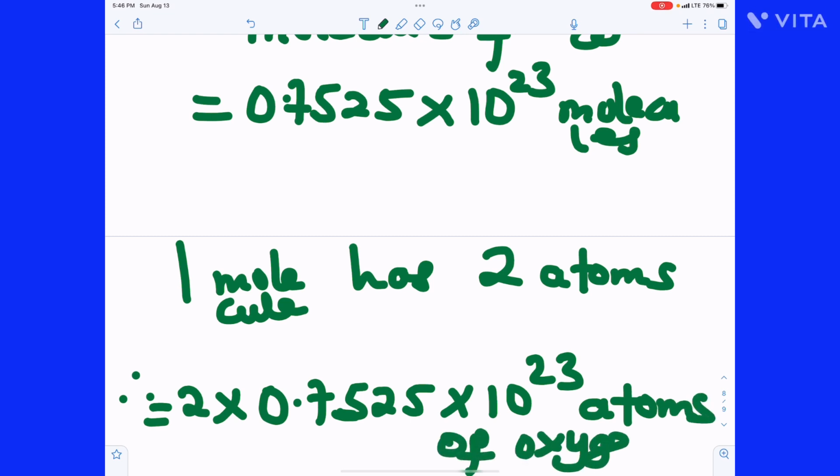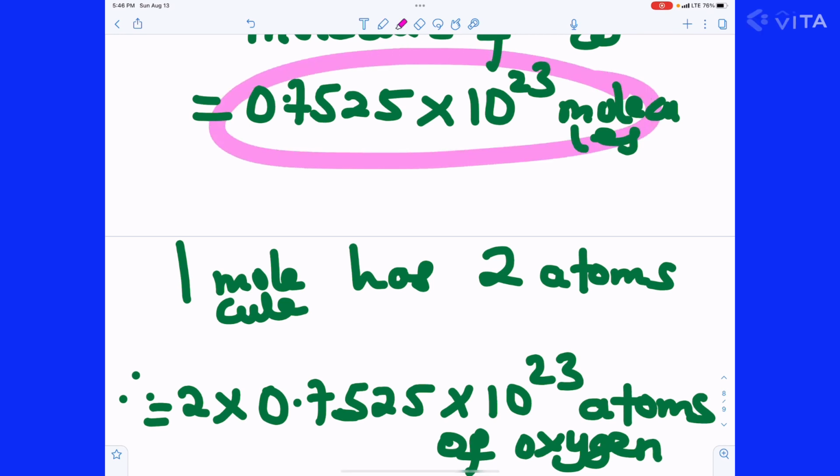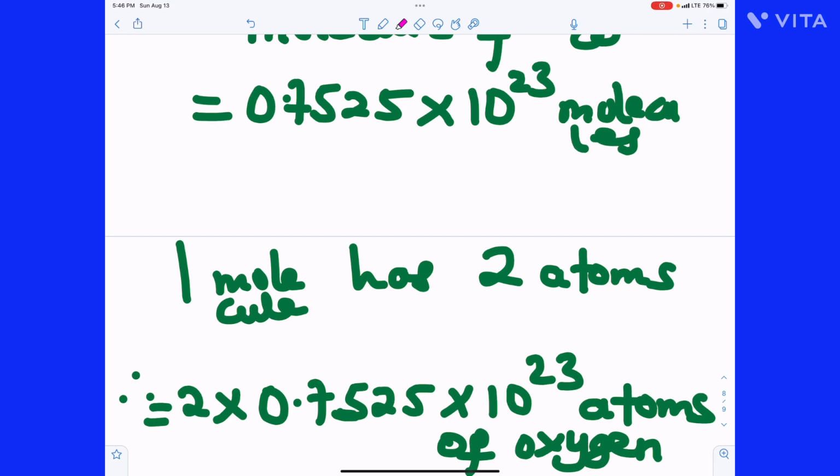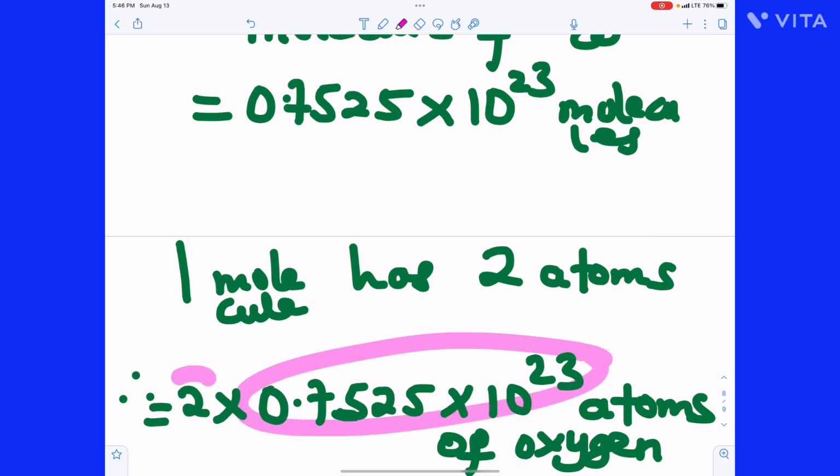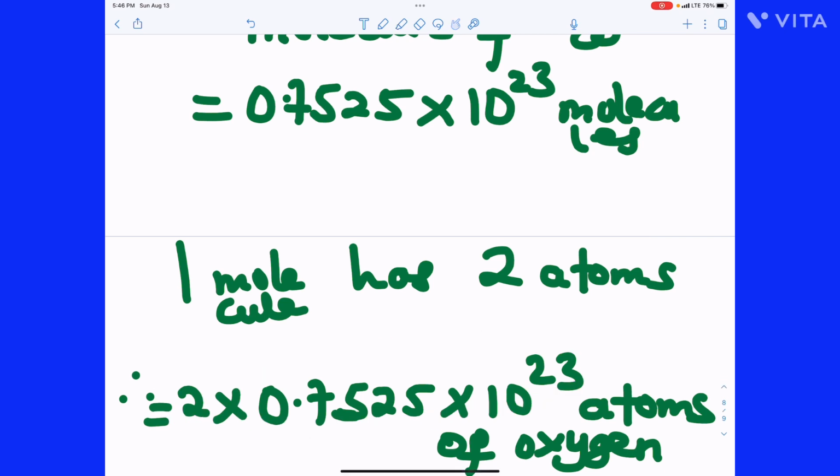Since we know the number of molecules we have, and we know that 1 molecule has 2 atoms, all we need to do to get the number of atoms is to multiply our number of molecules by 2.